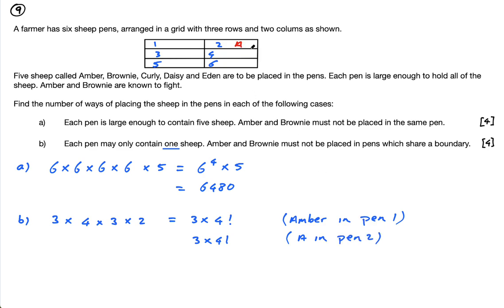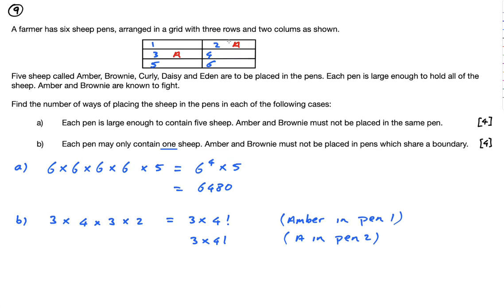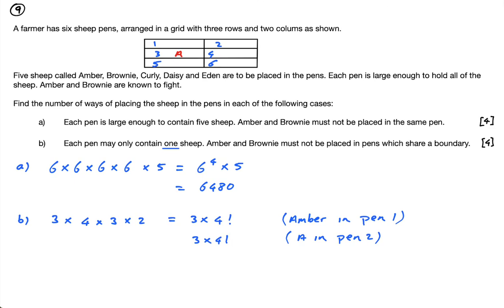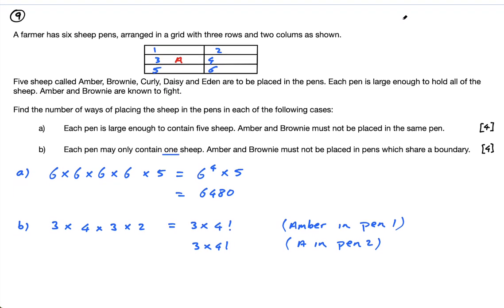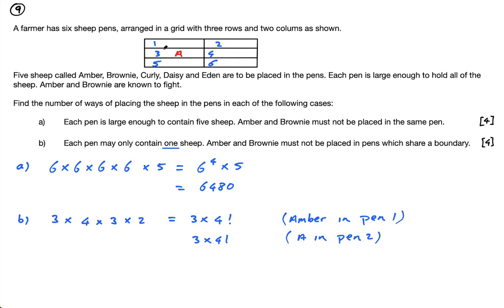Now, if I put Amber into pen 3, this is where it gets a bit different, guys. If Amber is in pen 3, Brownie can't go here, here, or here.